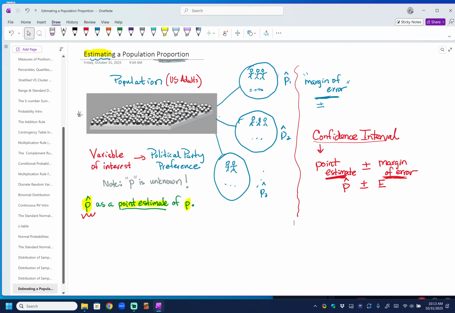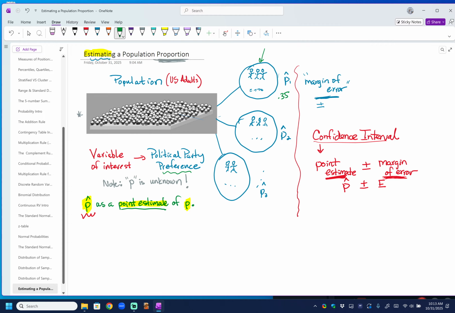So remember, we're doing political party preference, specifically the proportion that are Republican. We're trying to estimate the proportion that are Republican in the US population. And we currently have, let's say, one sample that we're dealing with. So let's say that we did that sample and we got a sample proportion of 0.35.